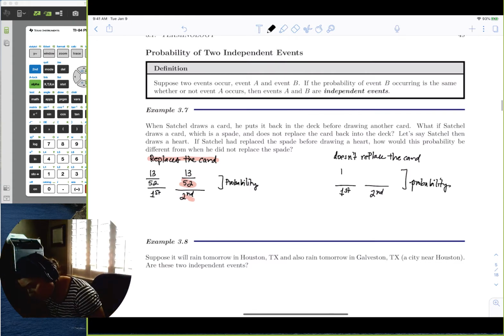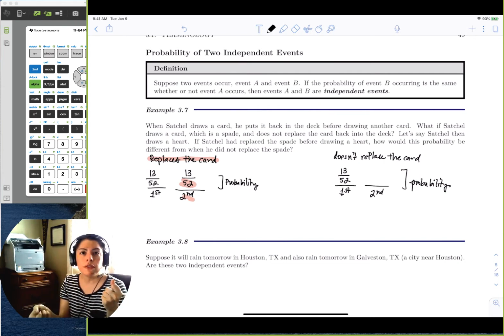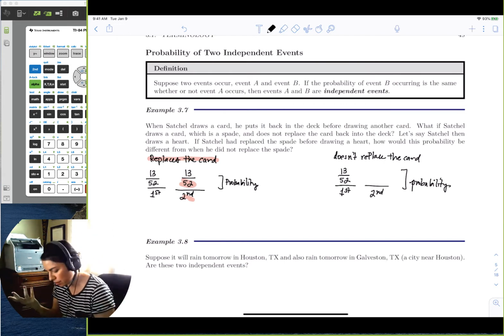No matter what, this first one is not affected by anything because it's just the first probability. But now Satchel holds the card in his hand, so there's one less spade, one less card. So when he goes in for the heart, how many hearts are in there? Well, the spade's not a heart, right? So there are 13 hearts in there.